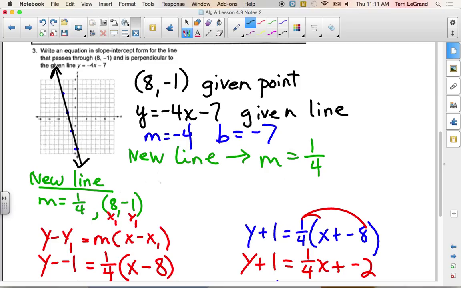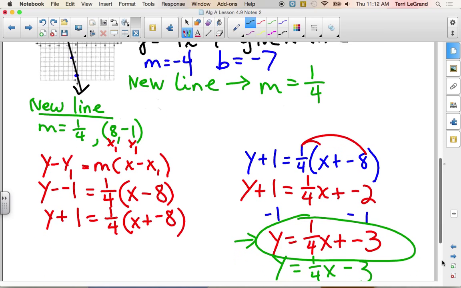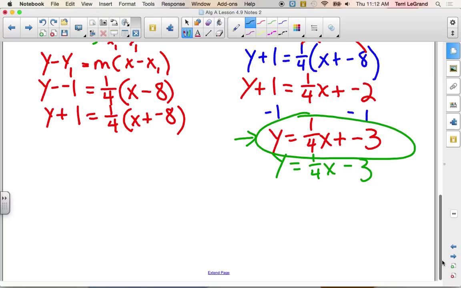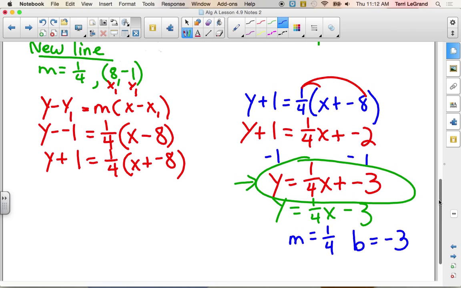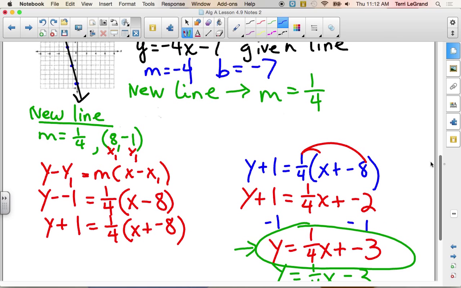After the given line is graphed with a line, not just its points, now you move on to the new line. We know its slope is 1/4, and we now know its y-intercept is what? -3. Okay, so we have a slope of 1/4 and a starting point of -3.